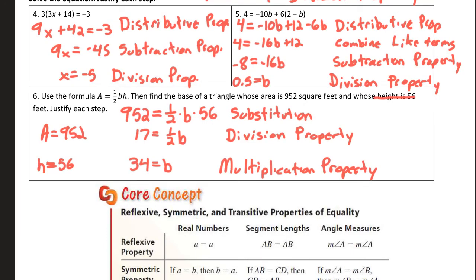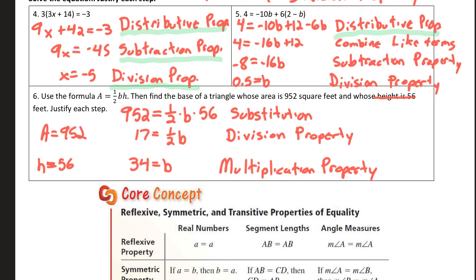Okay, so there's kind of a lot going on here, so I'm going to highlight a little bit just to help keep things straight. So in number 4, I distributed on the left-hand side, so I justify that with the distributive property. I subtracted 42 from both sides, so that's the subtraction property, and then I divided by 9, which is the division property. For number 5, I simplified 6 times 2 minus b using the distributive property.